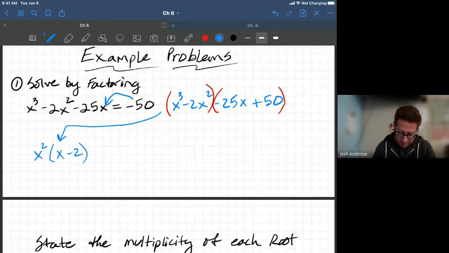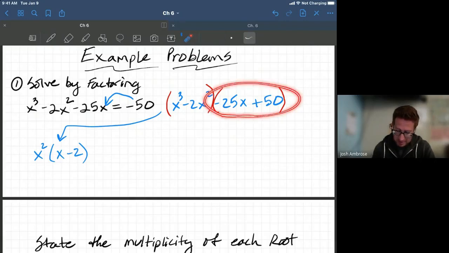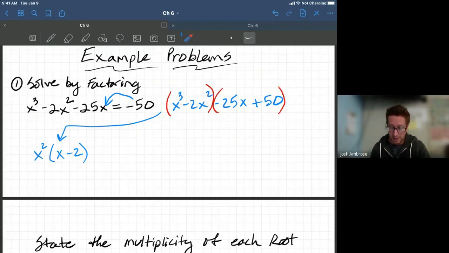Now, in the second set of parentheses, you'll notice that they both share a 25, and you're going to want to factor out a negative 25. Here's why: because of this negative sign here. If you factor out a positive 25, you're not going to leave yourself with a negative in the parentheses.